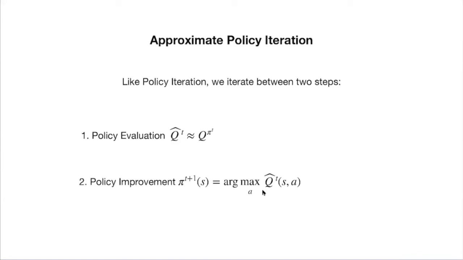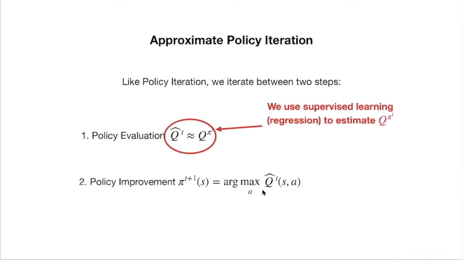In the extreme case, if Q hat exactly equals Q pi t, then the monotonic improvement of policy iteration applies here too. But that's an extreme case that's too nice to be true. So basically here we're going to use supervised learning, specifically regression, to estimate this target Q pi t.